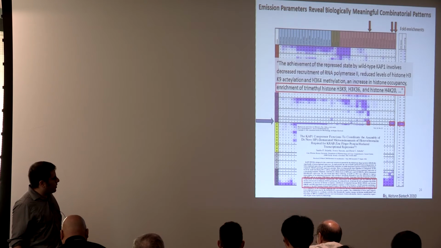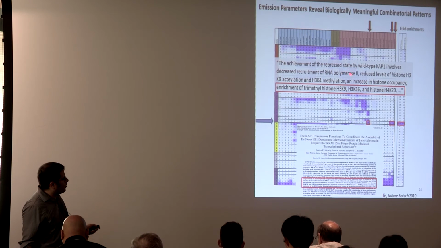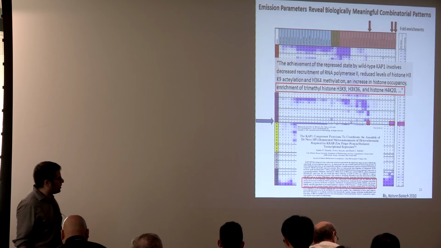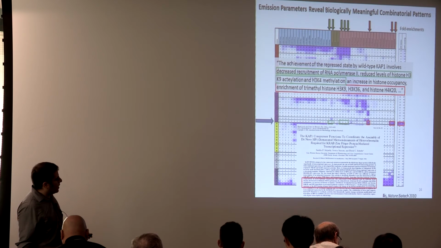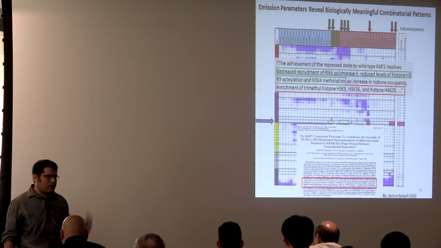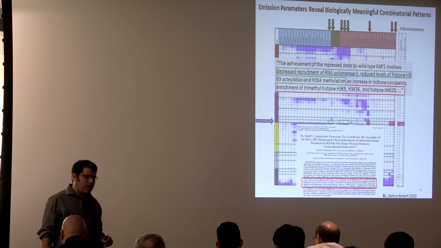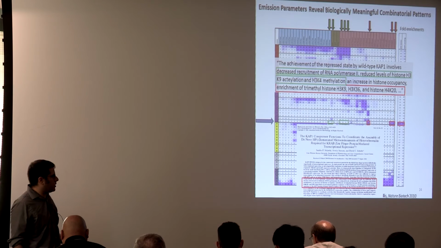It turns out that a large part of the abstract of a paper published in 2006 described that the enrichment of these 3 specific histone modifications is associated with Kap1 binding and zinc finger genes. And then the lack of certain other marks, and we're more systematically showing the lack of all these other marks, is associated with this signature. So this is an example where, by applying the appropriate computational model to the high throughput sequencing data, we can discover a very specific biological concept completely de novo, without any prior knowledge of the biology here.